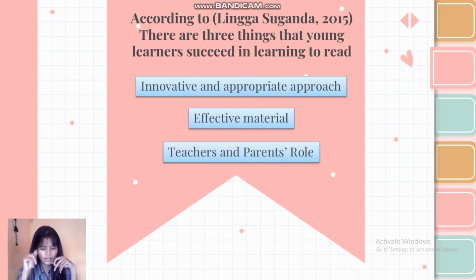The third is the role of teachers and parents. The role of teachers and parents is one of the factors that can help young learners succeed in learning to read, because the ones being taught are young learners, and we know that the characteristics of these young learners are that they are very enthusiastic and also get bored easily.